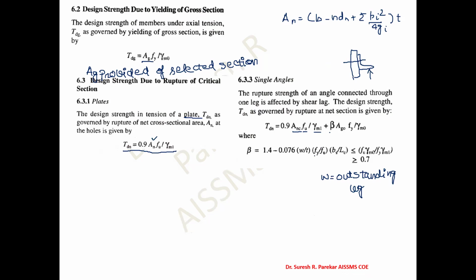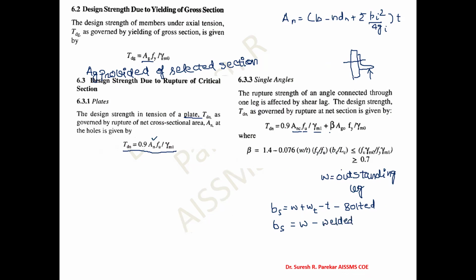T is the thickness of the member. Fy we know, Fu we know, bs. Now bs has two values. For a bolted connection, bs is w plus wt minus t. Wt, how to find this, we have already seen; t we know, w we know. If we have a welded connection, bs becomes w.